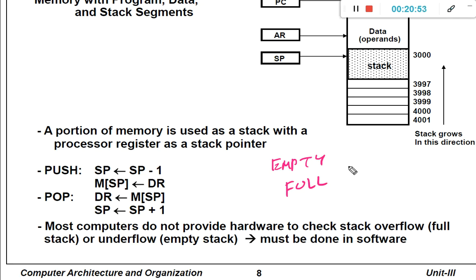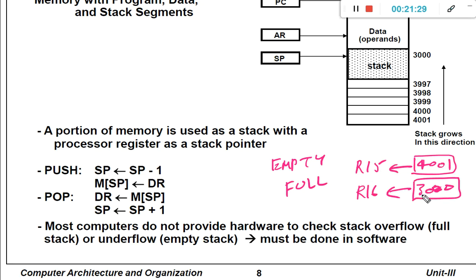For example, it is going to take two special variables or registers. Assume that R15 is stored with 4001 and R16 is stored with 3000. Then each and every time it is going to check whether the value is 4001 or the value is 3000.